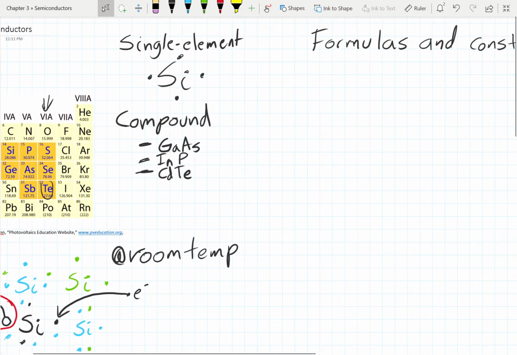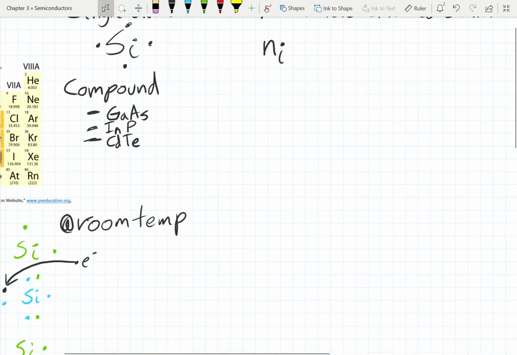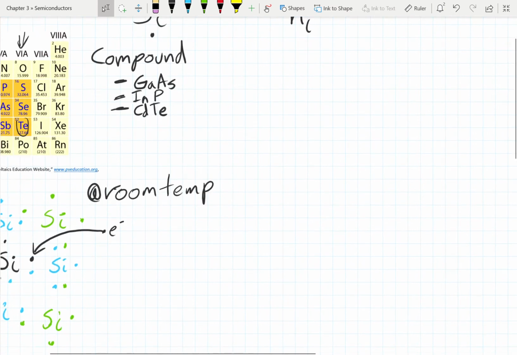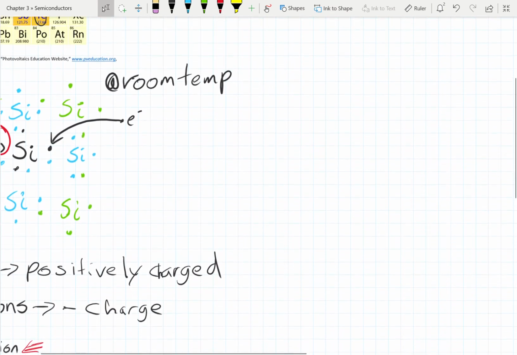I'm going to see here on formulas and constants. Some important things to know is this guy right here, Ni. That is the number of carriers in a unit volume of intrinsic silicon. So this is the number of electrons and holes, or the electron-hole pairs, that you have in intrinsic silicon.